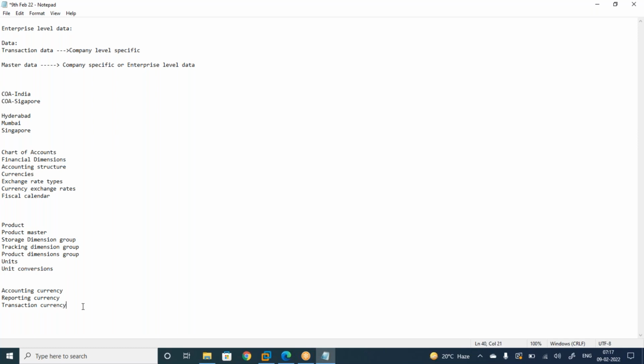These three currencies will be in the system. These two are fixed while creating a new company, and the transaction currency keeps changing as and when exports or imports occur. Otherwise, the transaction currency equals the accounting currency if there are no exports and imports. If there are any exports or imports, this currency will change. Okay, fine.